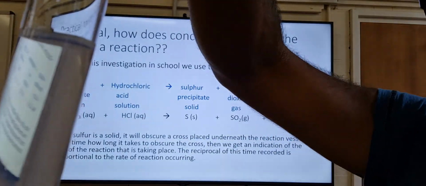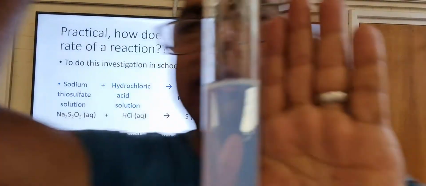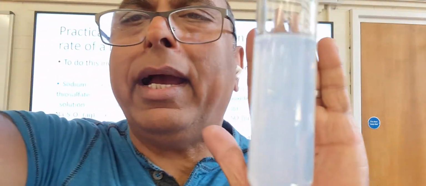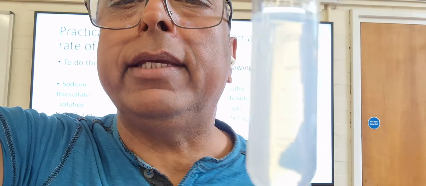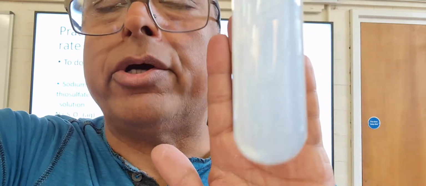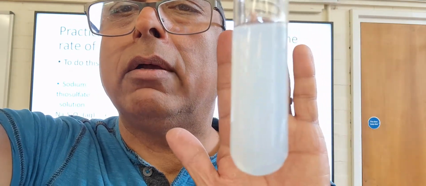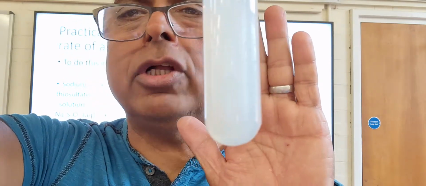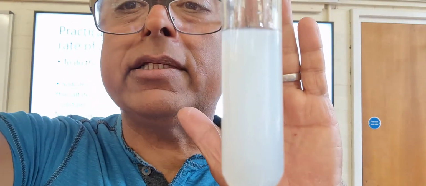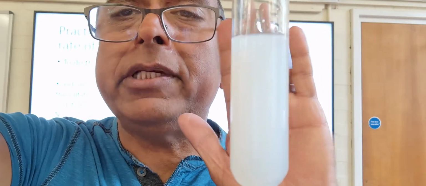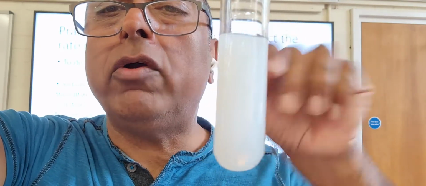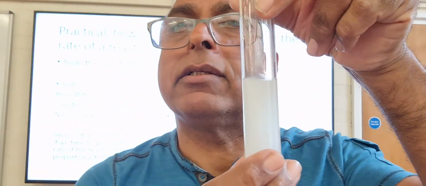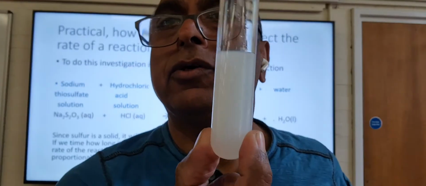not transparent but cloudy. You see it going more and more cloudy, because we're getting sulfur made, tiny pieces of sulfur, and the more and more sulfur we get, the more it blocks the light and stops us seeing through it.